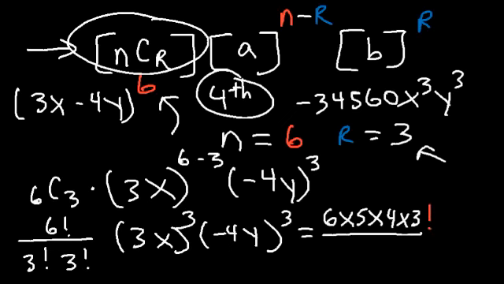And 3 factorial is 3 times 2 times 1 times the other 3 factorial. So we can cancel these two. 3 times 2 is 6, so that cancels, leaving behind 5 times 4, which is 20.